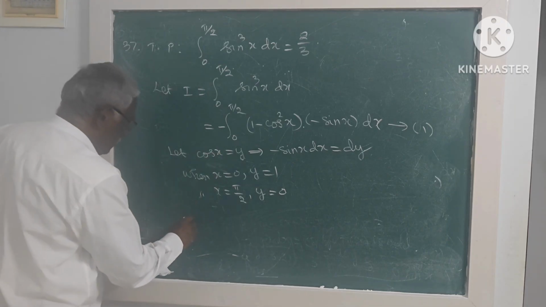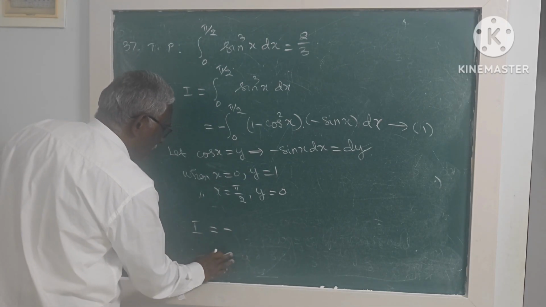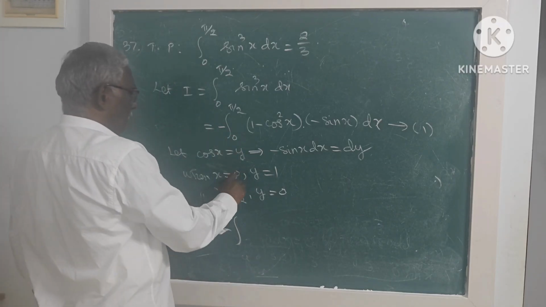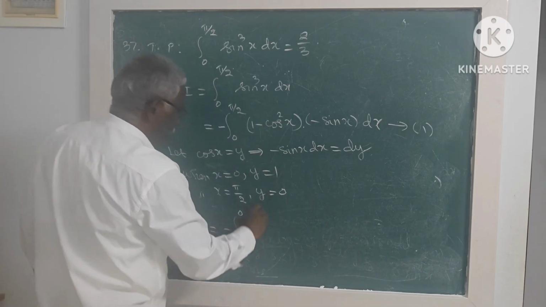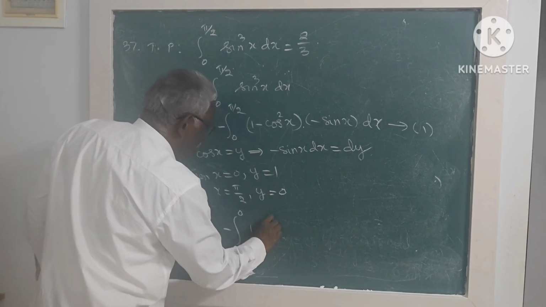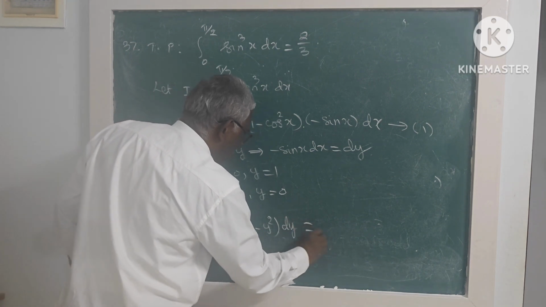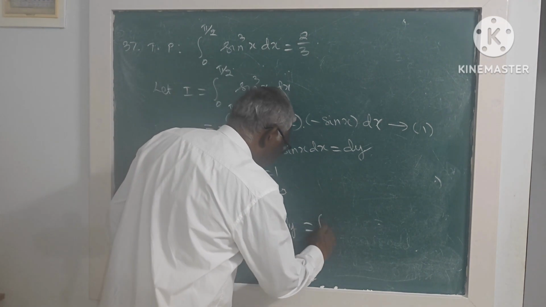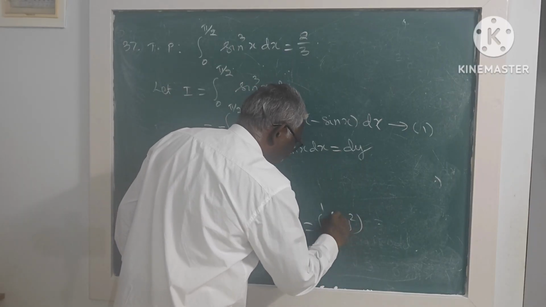Therefore I is equal to minus integral from 1 to 0 of 1 minus y square dy. So this we can write as integral 0 to 1 of 1 minus y square dy.